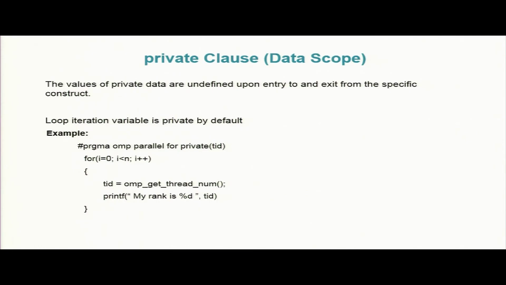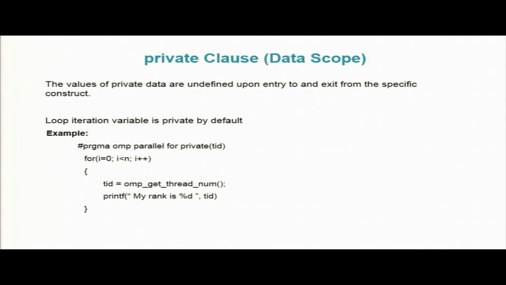Then the private clause, this is how we can define data or variables as private. Here we have a variable named TID, and we are making it private. When we say private, as soon as this is encountered, local copies for every thread will be created in the memory space of the process. So every thread will have its own copy of TID.